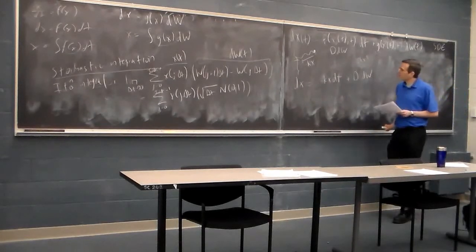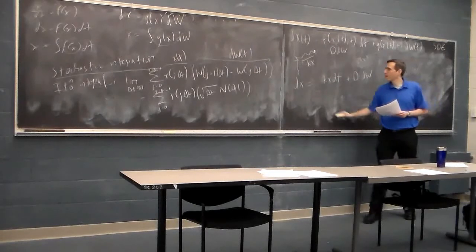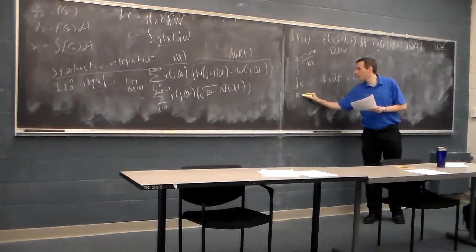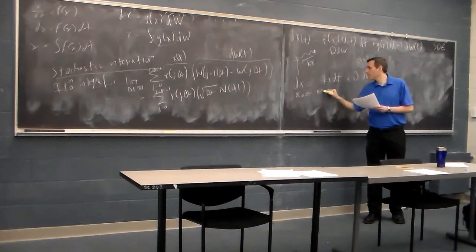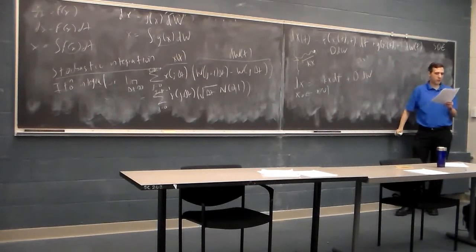Okay, so we've pretty much seen what we want to do to simulate this kind of system. We would start with some initial conditions. Let's say x gets some value x of 0 at its initial point.